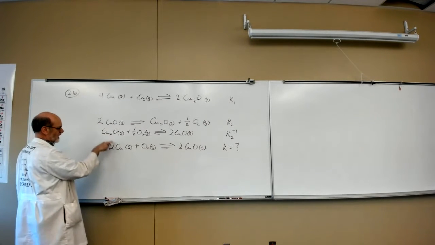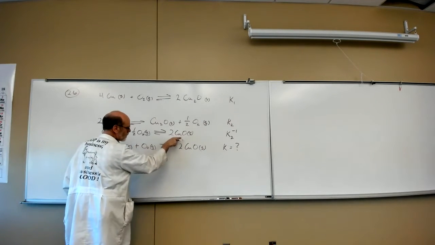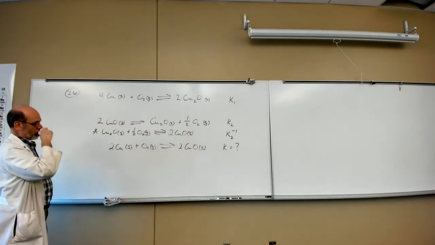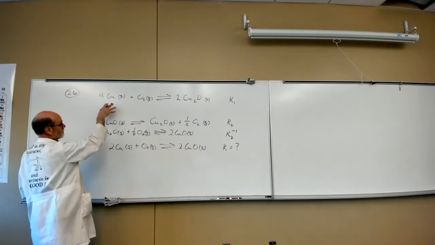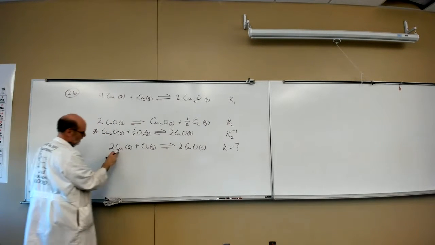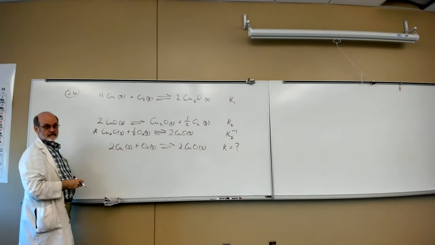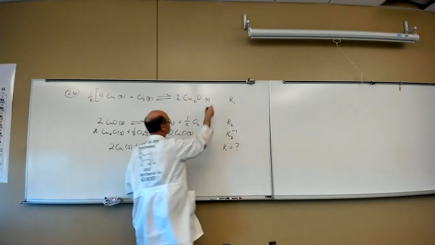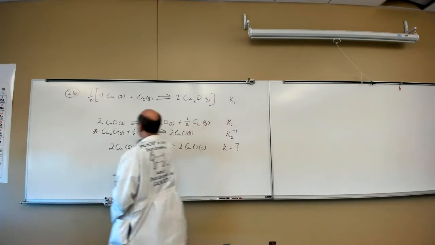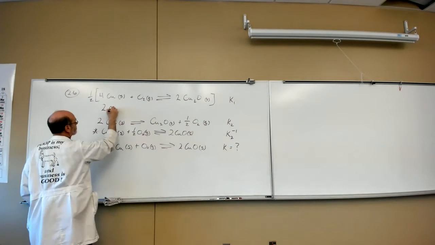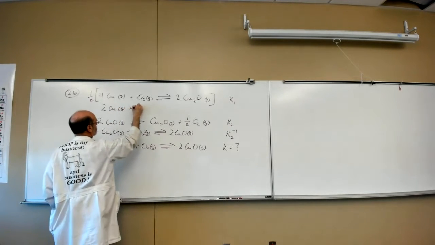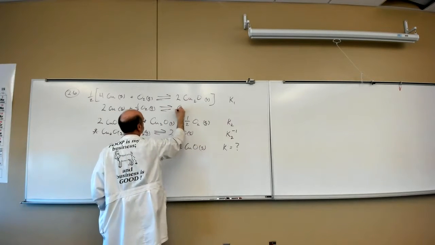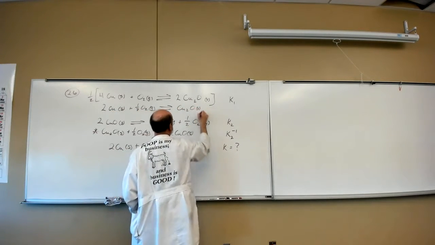So this one is okay now because we've got two CuOs there. So I'm going to use this one. Then what do we need to do to this one? Well, it's okay as written, except we need half of it. All right. So half of that equation would be okay.